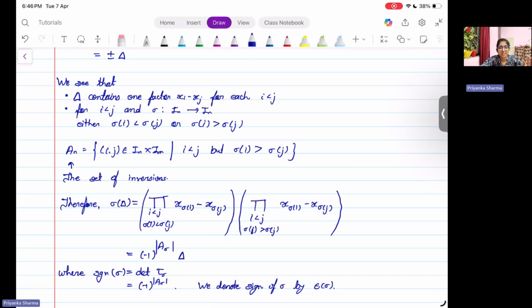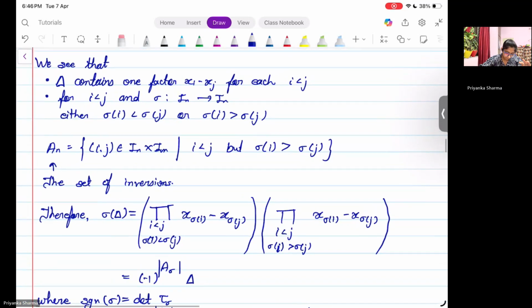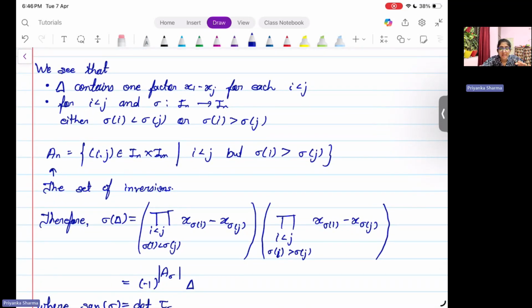There is some observation: this delta contains vectors x_i minus x_j for each i less than j. For i less than j and sigma belonging to S_n, this can have two possibilities. First, with respect to sigma, sigma(i) is less than sigma(j), and second, sigma(i) is greater than sigma(j).